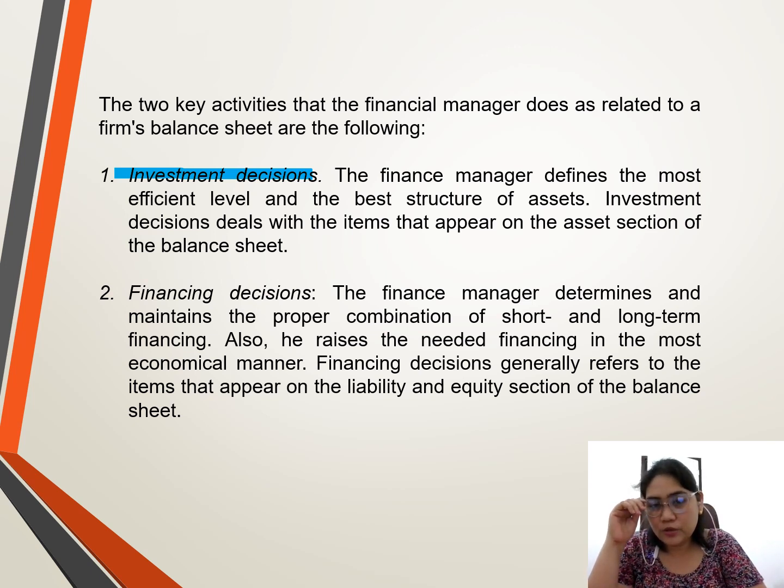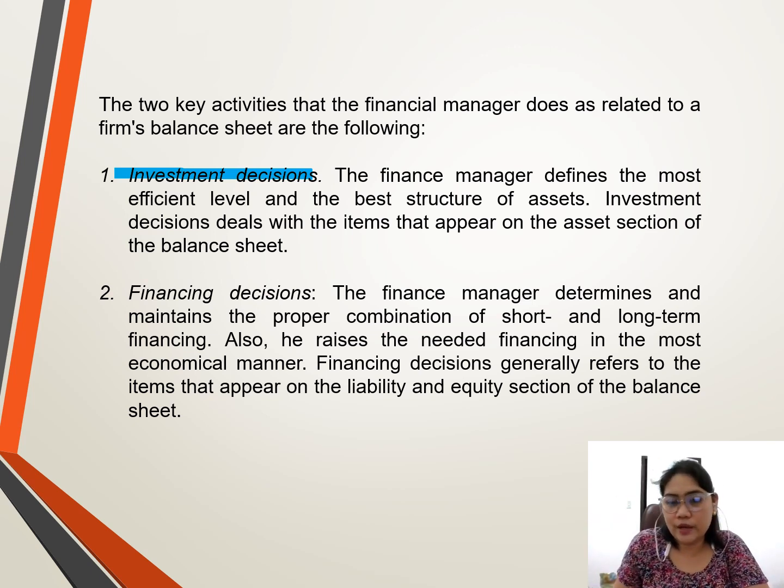So, dapat yung finance manager ma-identify niya kung ano yung efficient level at yung best structure ng assets. When we say best structure, dapat gaano ba kadami yung cash, magkano ba yung limit lang dapat ng receivables, or pag may excess fund, saan ba dapat ilagay as investment. Yan. So, yun yung mga ginagawa ng financial manager.